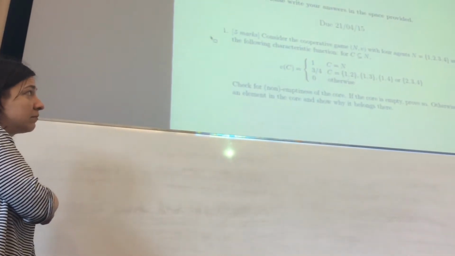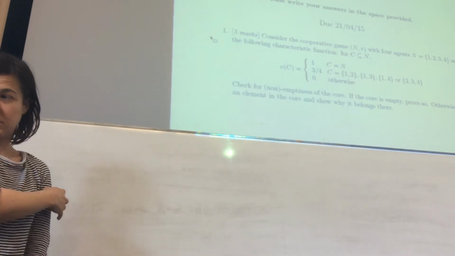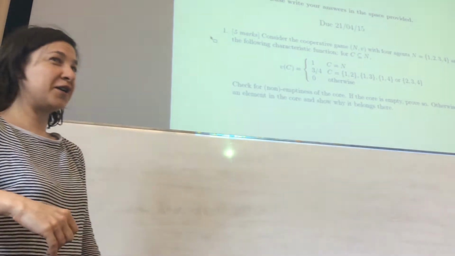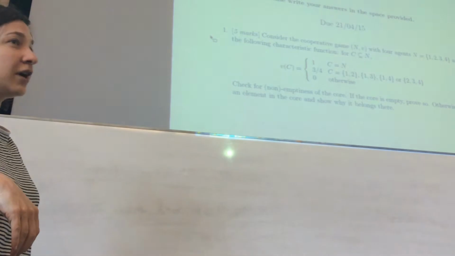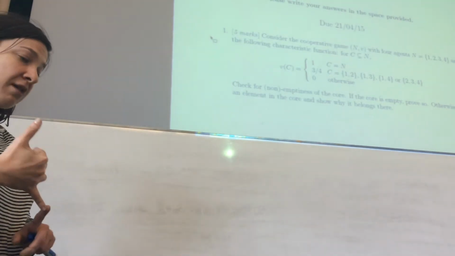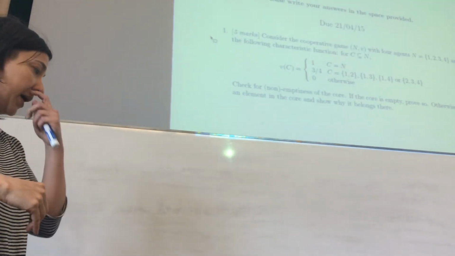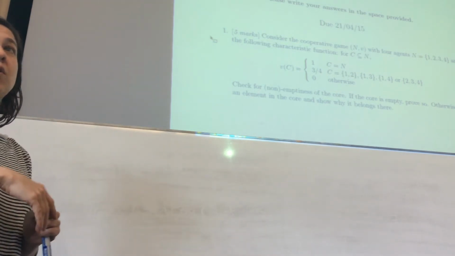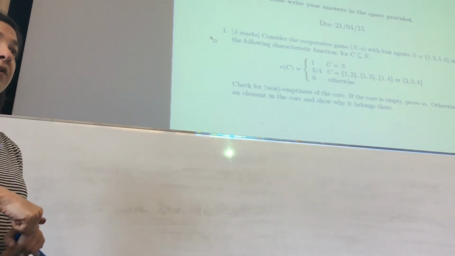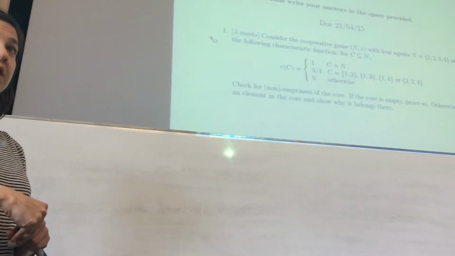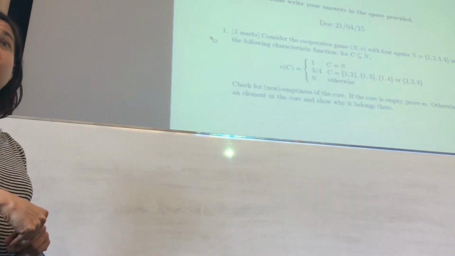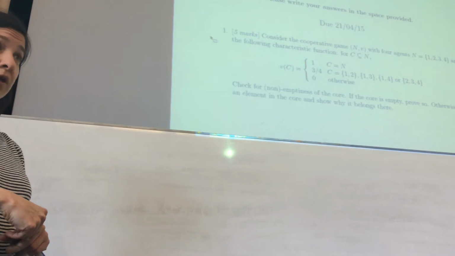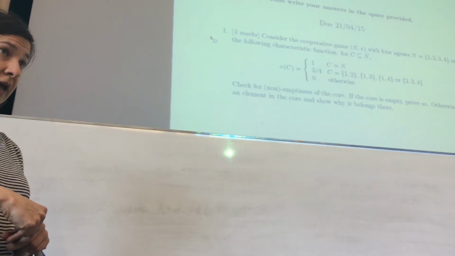There were two typical mistakes here. One, I find it hard to explain to myself. One mistake that a few people have made is saying that if the core is non-empty, then the Shapley value must be in the core. This is not true for all cooperative games, so you cannot use this claim.